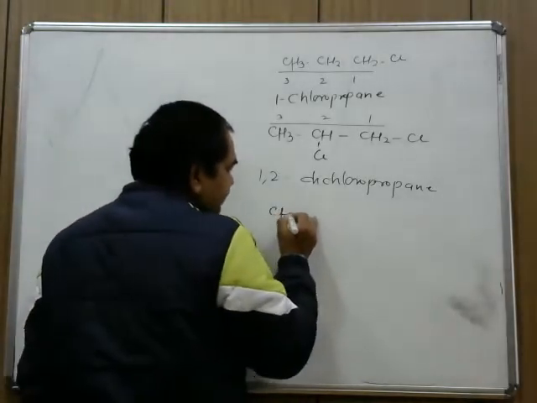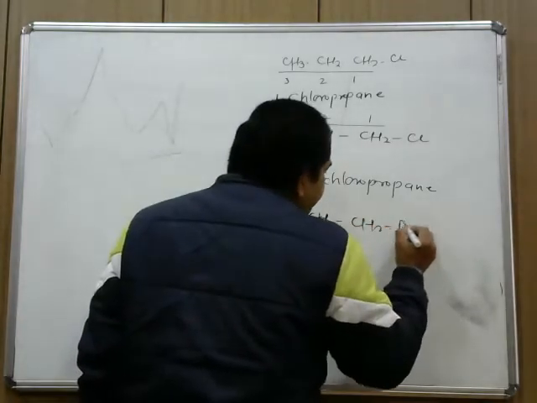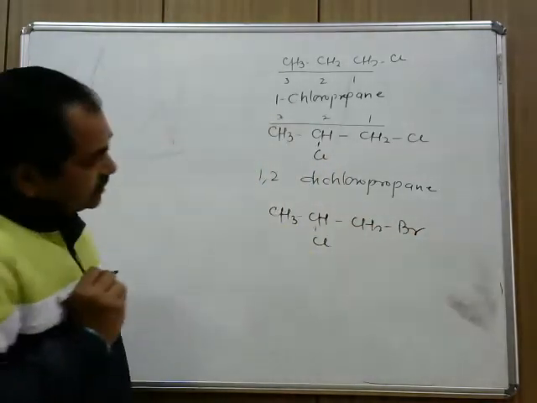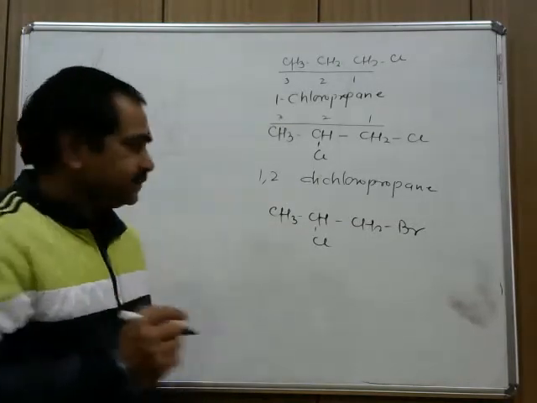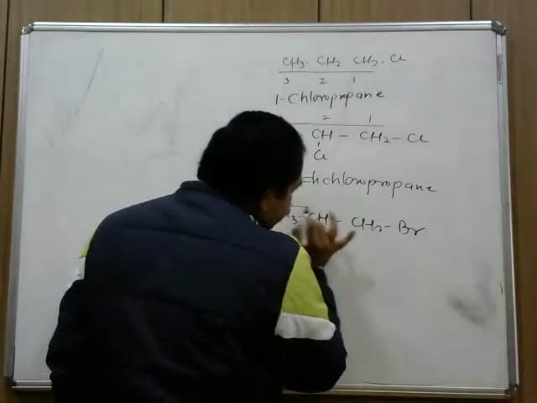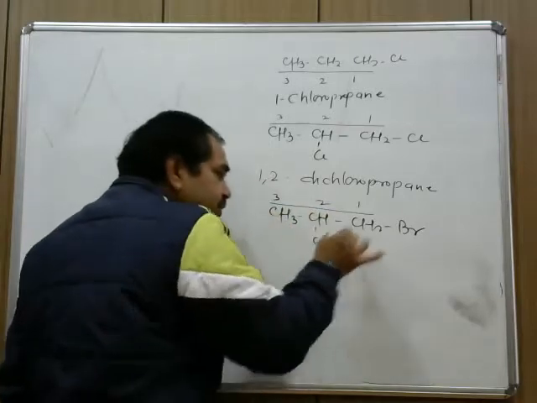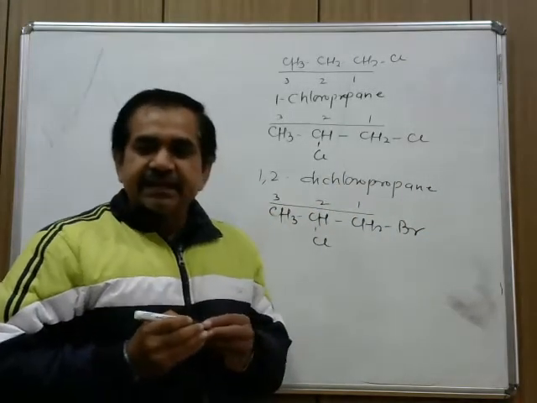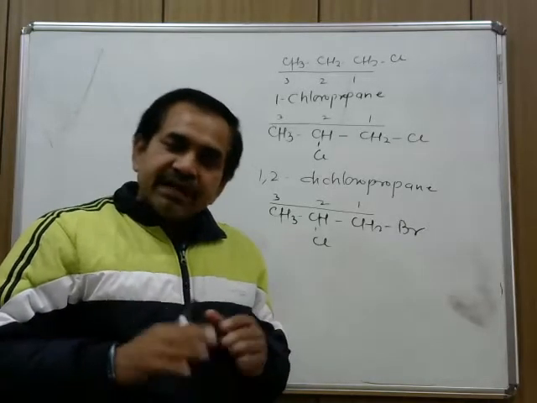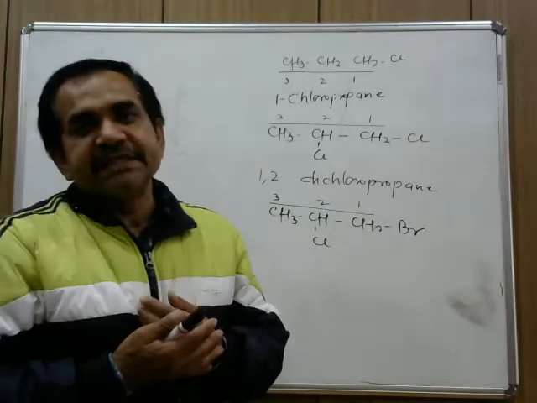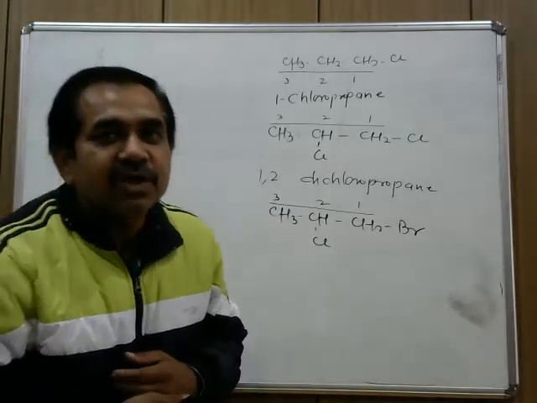Next, CH3, CHCl, CH2Br. So there are two different types of halogen atoms present. This is the longest chain, this is the numbering. There are two substituents present, and the rule says that when more than one substituent is present, their names should be written in alphabetical order.